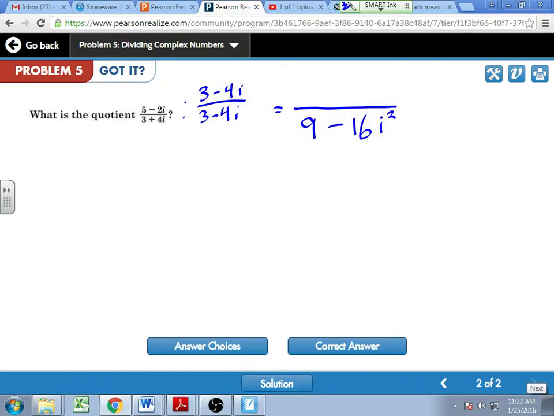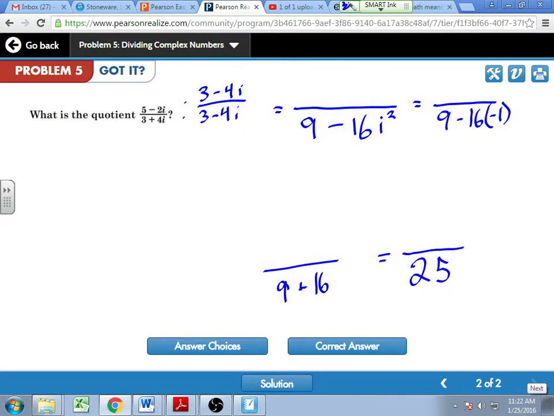Are we cool with the denominator? I care more about the denominator than the numerator, because that's why we chose to do what we're doing. Then this is going to become 9 minus 16 times negative 1, which is really going to become 9 plus 16, which makes my denominator 25.